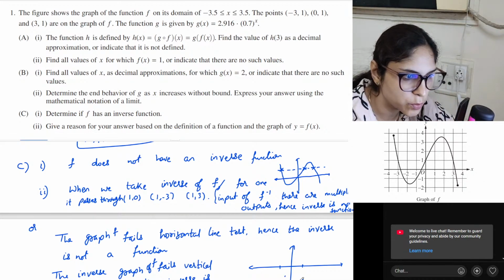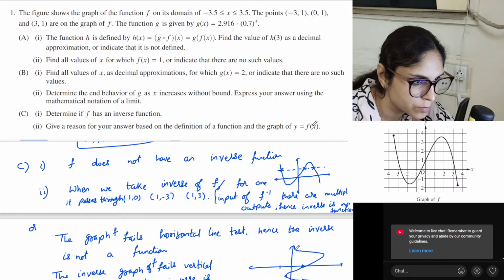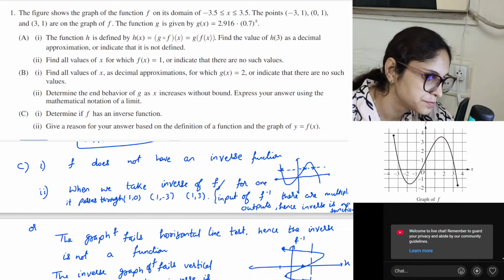At 0, it is 1, so at 1, it is 0. So it will look something like that. This is f inverse, this is x, and it fails the vertical line test.